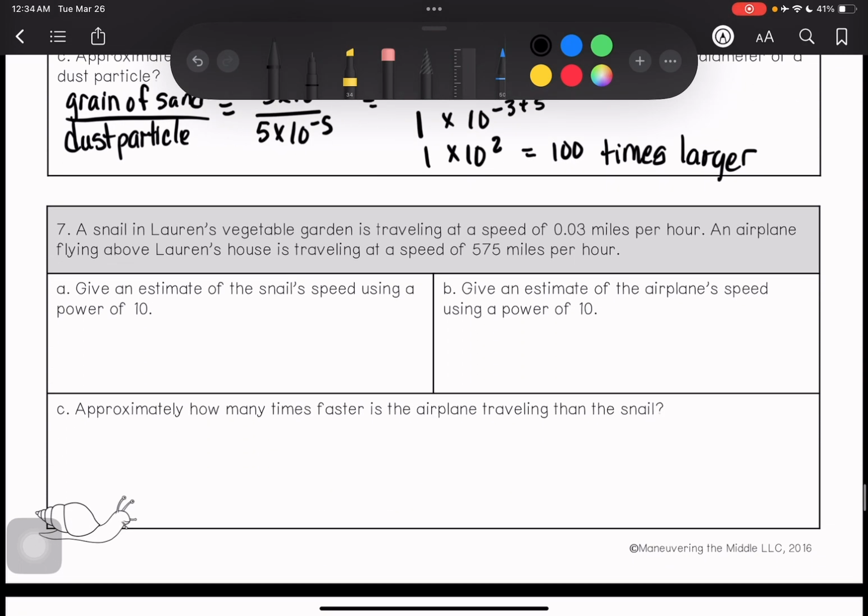Number 7, it says a snail in Lawrence's vegetable garden is traveling at a speed of 300 miles per hour. An airplane flying above Lawrence's house is traveling at a speed of 575 miles per hour. Give an estimate of the snail's speed using the power of 10.